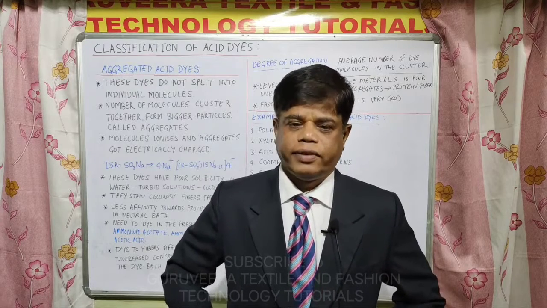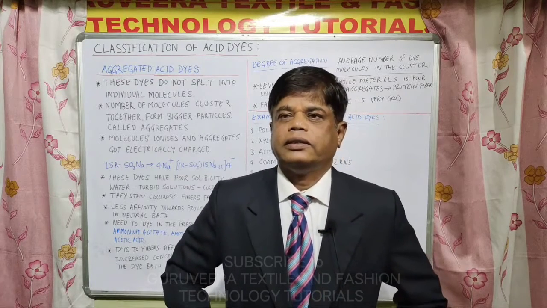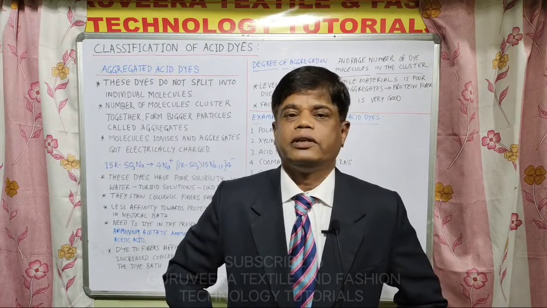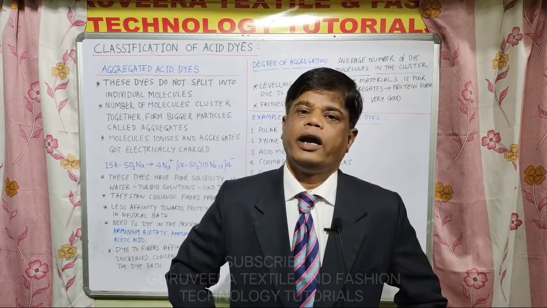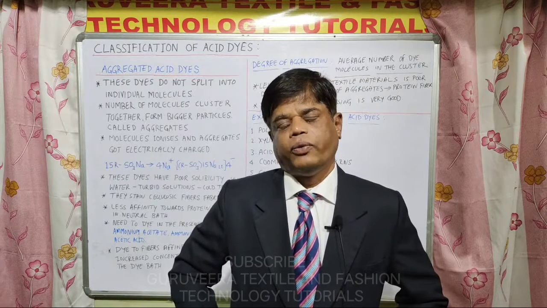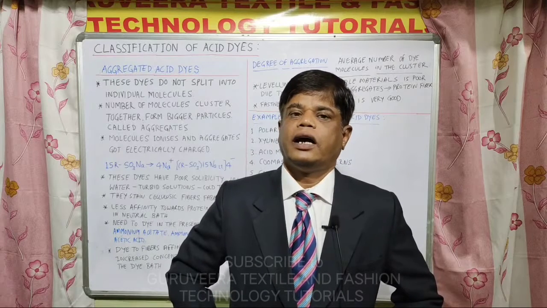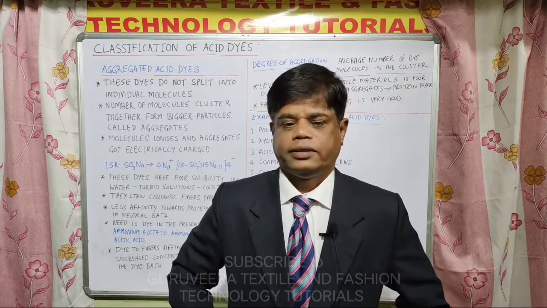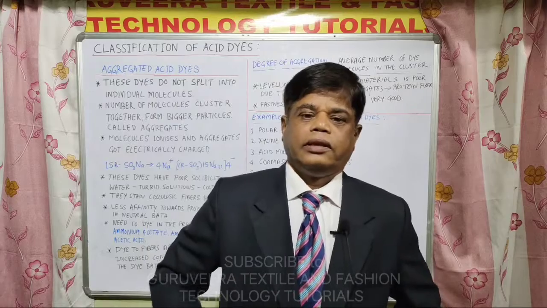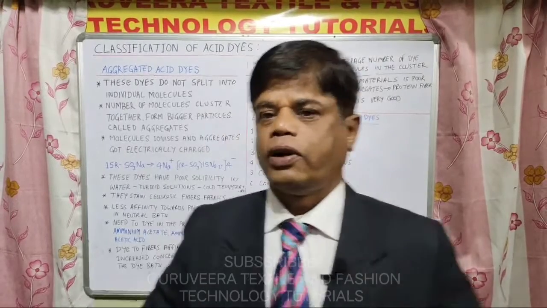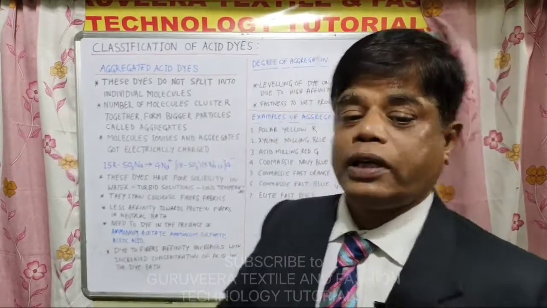Acid dyes are classified into two types based on their solubility in nature. One is soluble dyes and another one is insoluble dyes. But in dyeing, the acid dyes which are soluble in water are called molecularly split dyes.